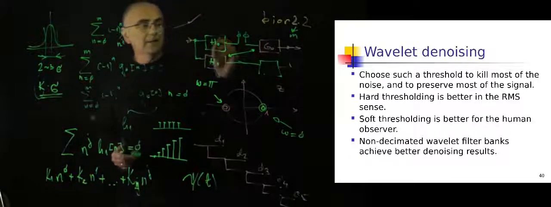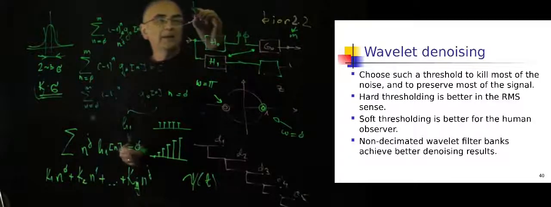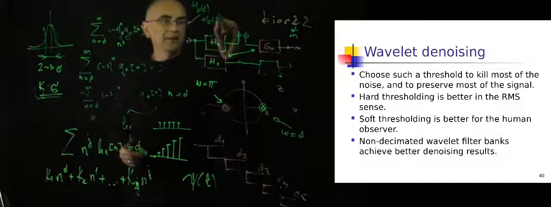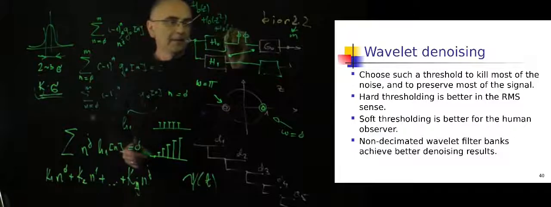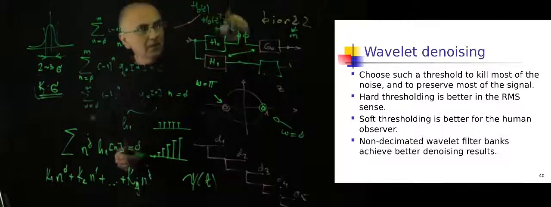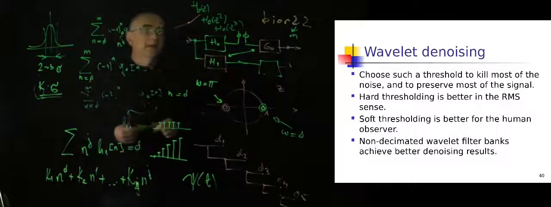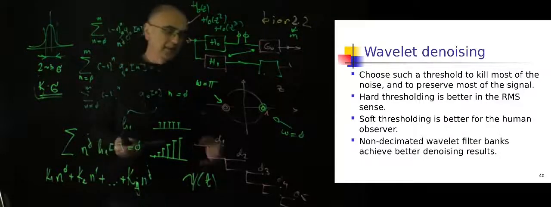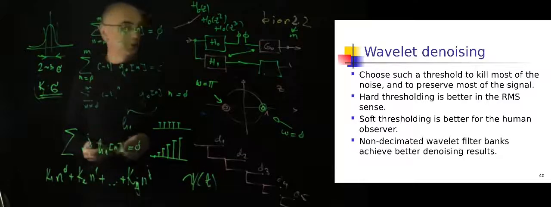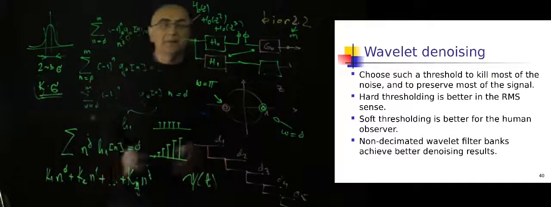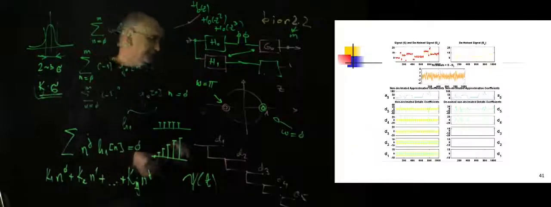Just take care that you have to apply filters with inserted zeros when you go to the next level and to the next level. If you do it properly and apply the thresholds, you're going to get a little bit better results with non-decimated filter banks.